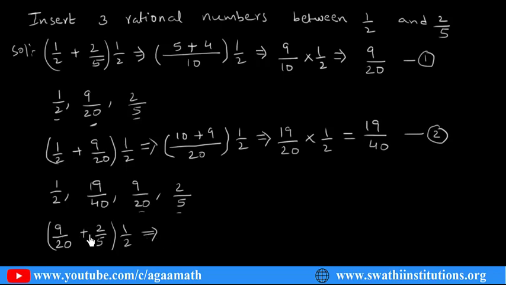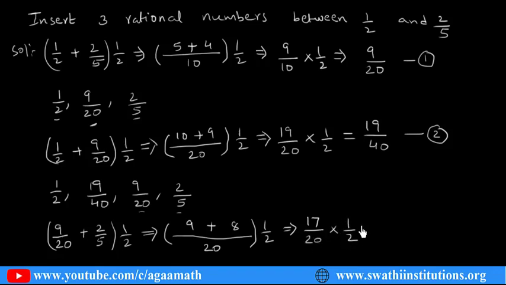So 9/20, if you take the LCM, it is 20. So 20 1 times 1 into 9 is 9, plus 5 4 times, 4 2s 8. This is of 1 by 2. It means 9 plus 8 is 17. 17 by 20 of 1 by 2.